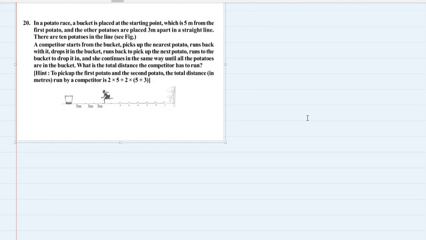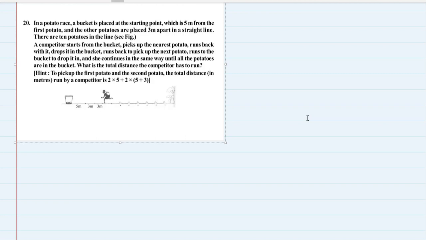Okay, and there are 10 potatoes in the line. A competitor starts from the bucket and picks up the nearest potato, runs back with it, drops it in the bucket, runs back to pick up the next potato, runs to the bucket to drop it, and she continues in the same way until all the potatoes are in the bucket. What is the total distance the competitor has to run?